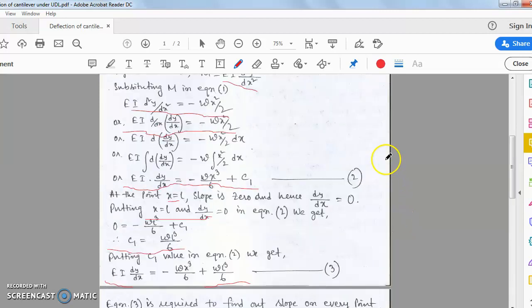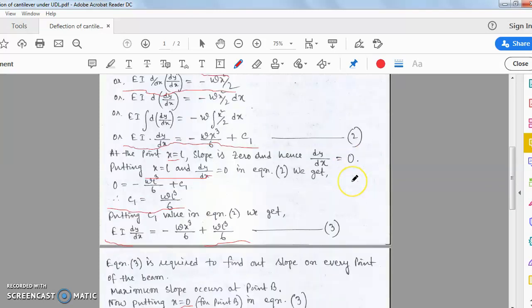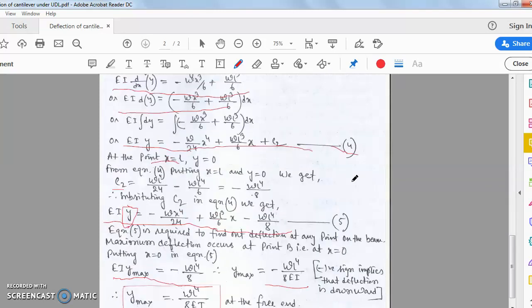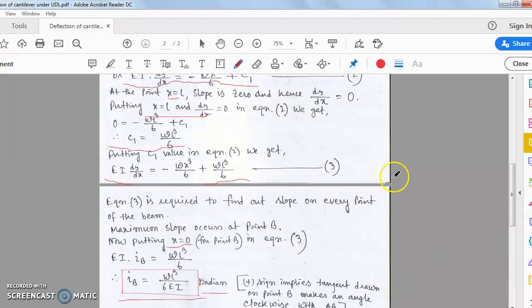Because the deflection with respect to the beam AB is downward. We take the positive value only, as we take the magnitude. So y max equals WL to the power 4 by 8EI, and that deflection occurs at the free end.